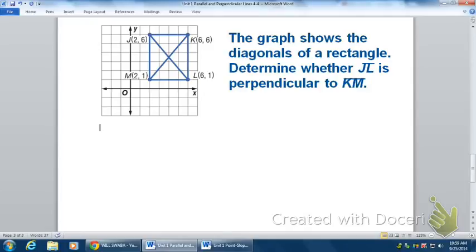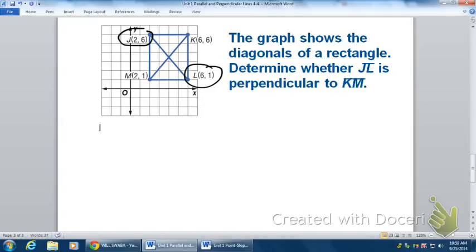Okay, anyways, so to do this, first of all, you can do this really quick by figuring out the slope of JL and the slope of KM and see if they're reciprocals. See if they equal -1. So let's look at JL first. The coordinates are (2, 2) and (6, 1).